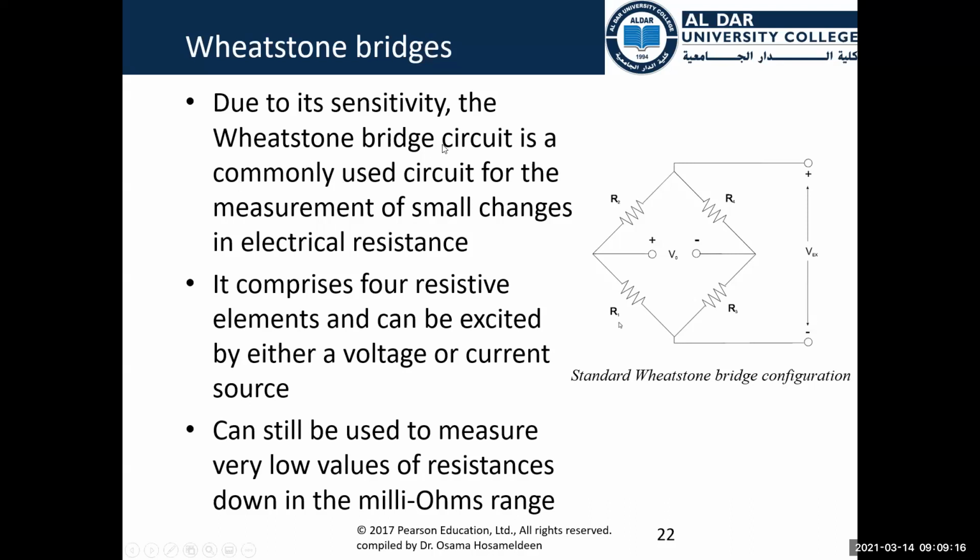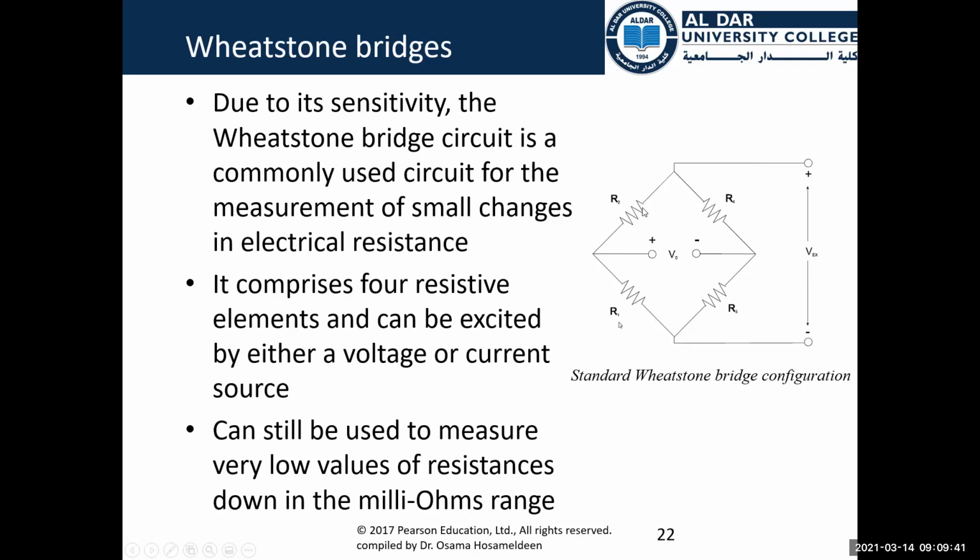The concept of the Wheatstone bridge, as you see on the right-hand side, is that we have four resistances connected: two of them connected in series and another two connected in series, and these two series branches connected together in parallel.